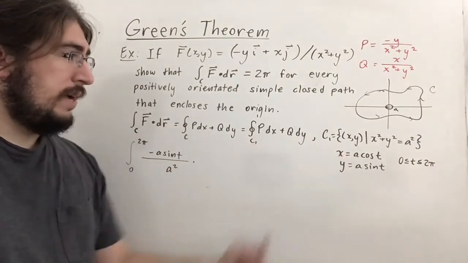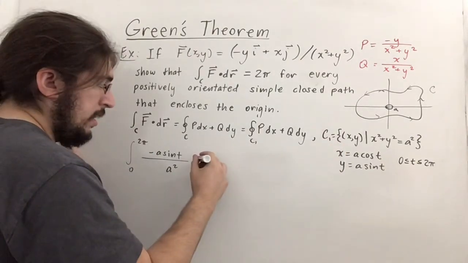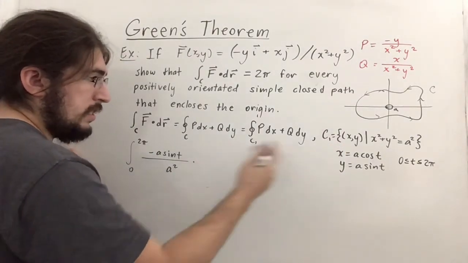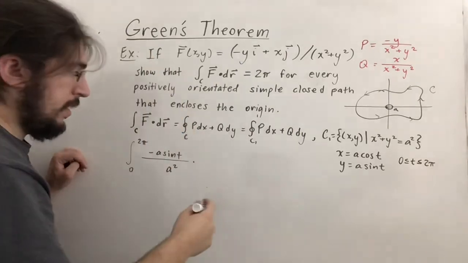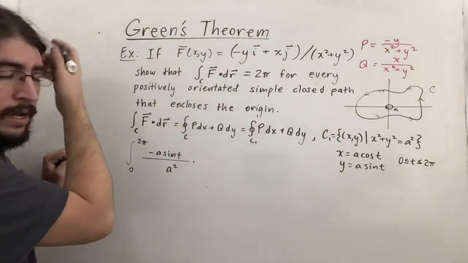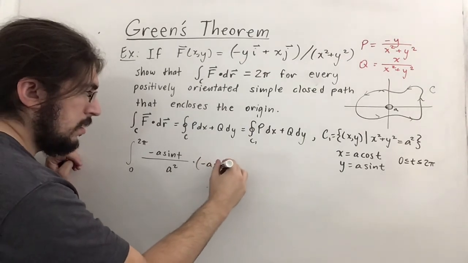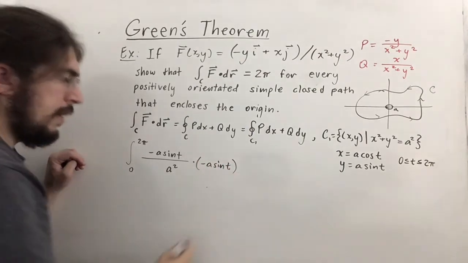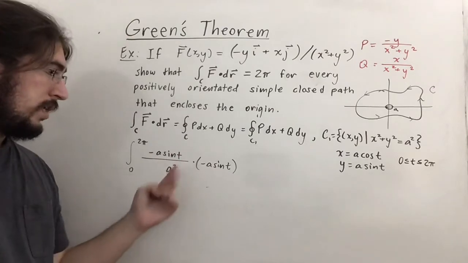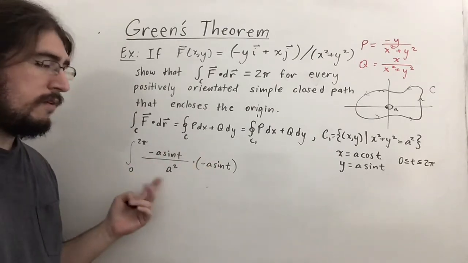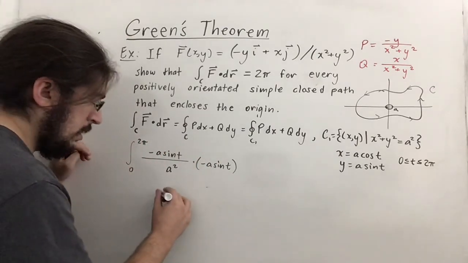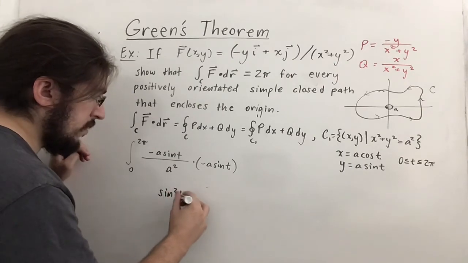dx is the derivative of x. Derivative of a cosine t is a times negative sine t. So it'll actually give us positive a squared times sine squared all over a squared. The a squareds cancel. So this first term is really going to be sine squared of t.